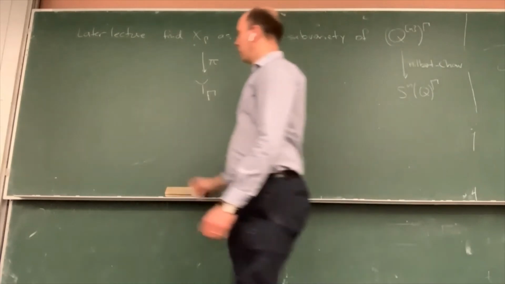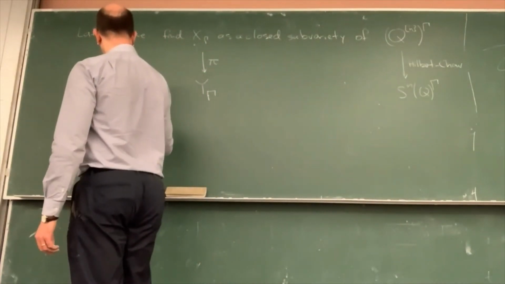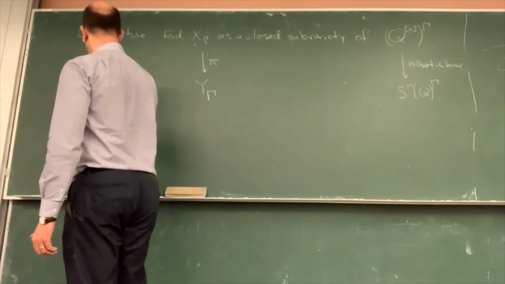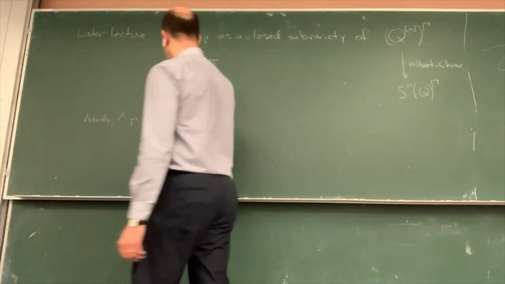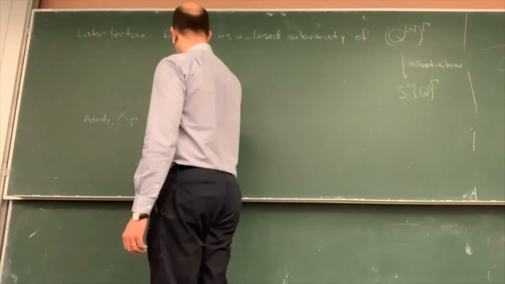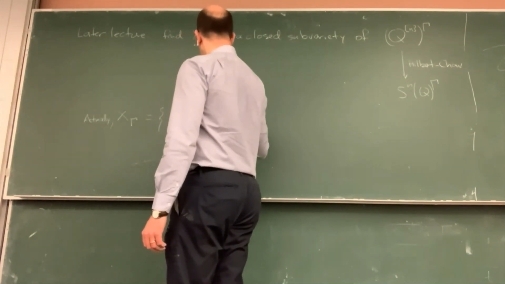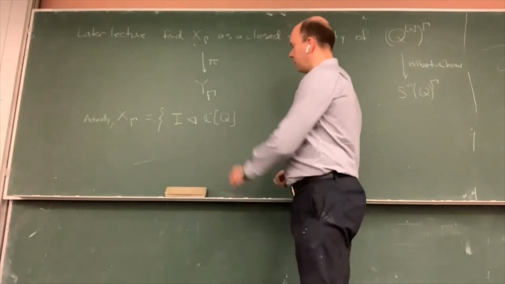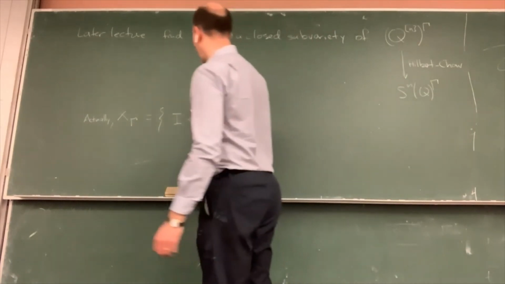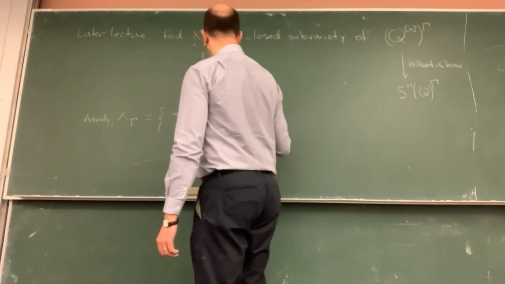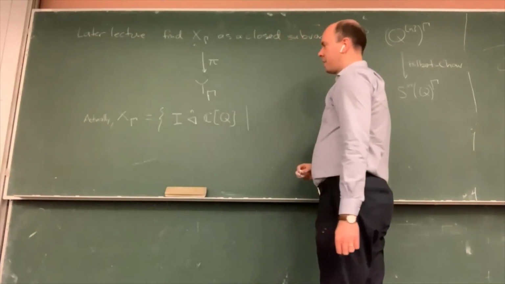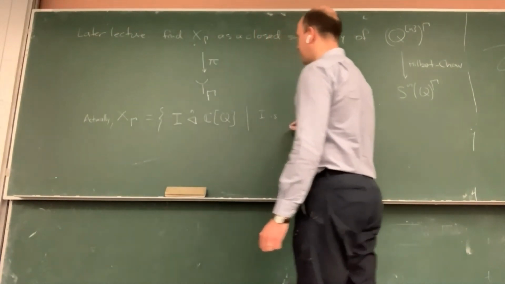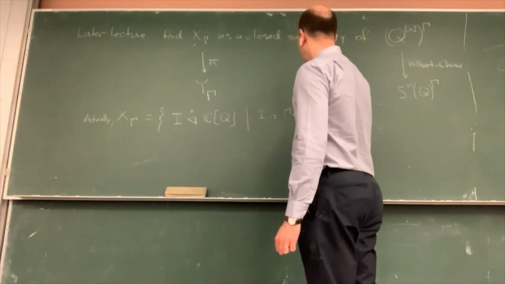Maybe I'll just spoil the later thing a bit. So actually, if you think in terms of ideals, X gamma is going to be the set of ideals I of our polynomial ring, codimension n as before, such that I is invariant under gamma.